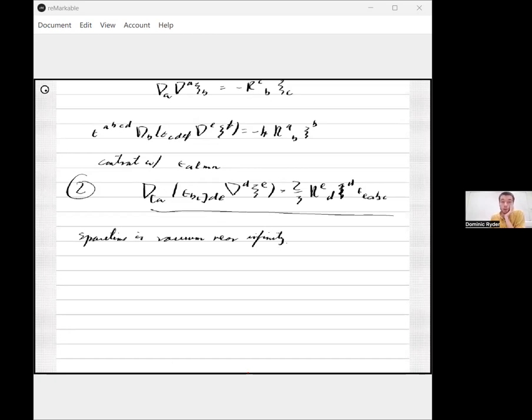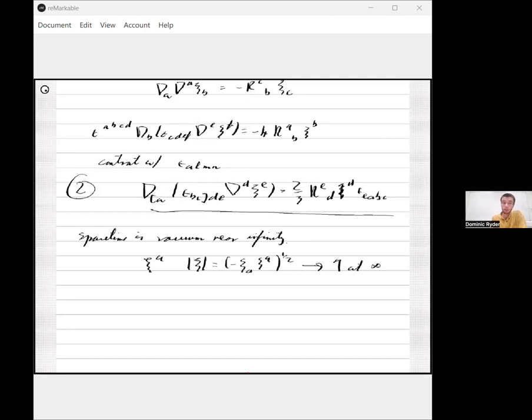Okay, so we're going to normalize our Killing vector field xi^A, so the norm, defined as xi contracted with itself, tends to 1 at infinity.